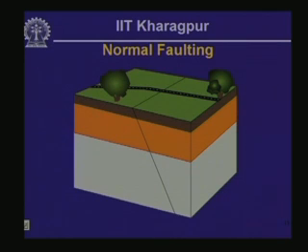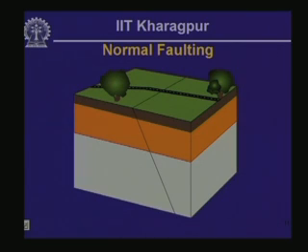Okay, so then let's look at the process of normal faulting. We know what a normal fault is from one of the very early lessons in this series of presentations.